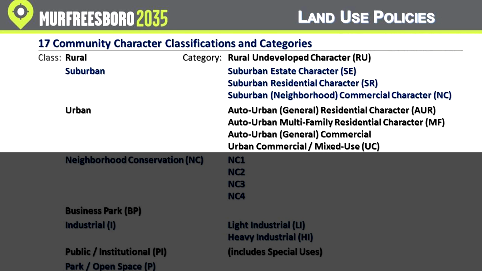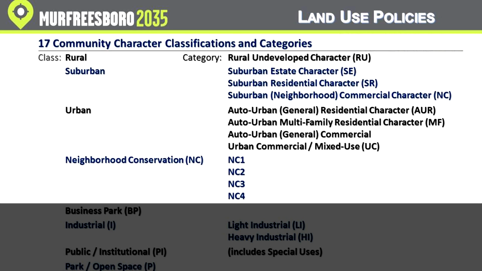Within an urban classification, we have the auto-urban general residential character that we just discussed, the auto-urban multifamily residential character, auto-urban general commercial, and then the urban commercial mixed use, which is a land use that we'll talk about here in a moment.